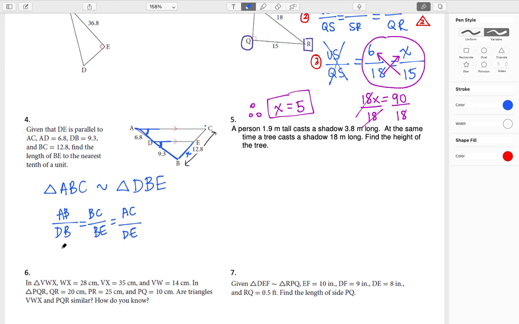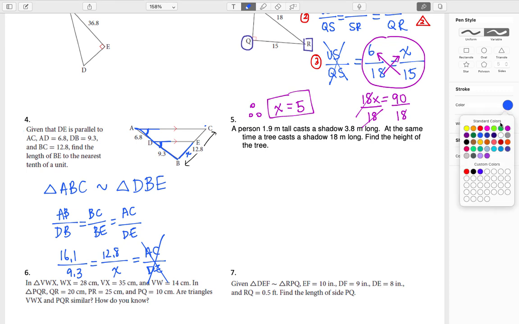So AB is 16.1 over BD is 9.3 equals BC is 12.8 over BE, which is what we're looking for, X. And then we have AC, we don't know, and DE, we don't know. Since we don't know both of them, this is being crossed out.